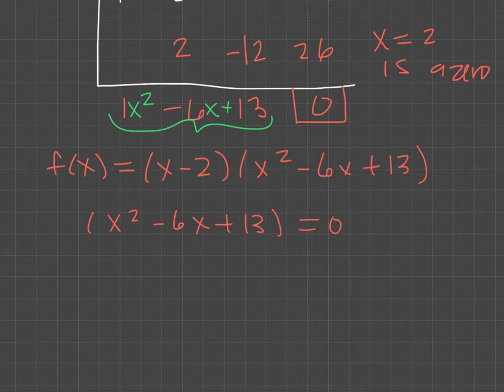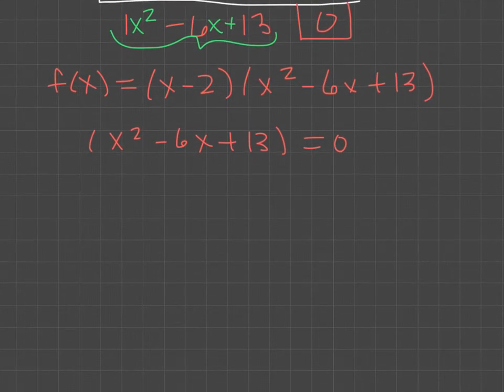We can try to factor, but we're not going to find two numbers that multiply to 13 and add to negative 6. That's just not going to work. So we are going to need to use quadratic formula again.